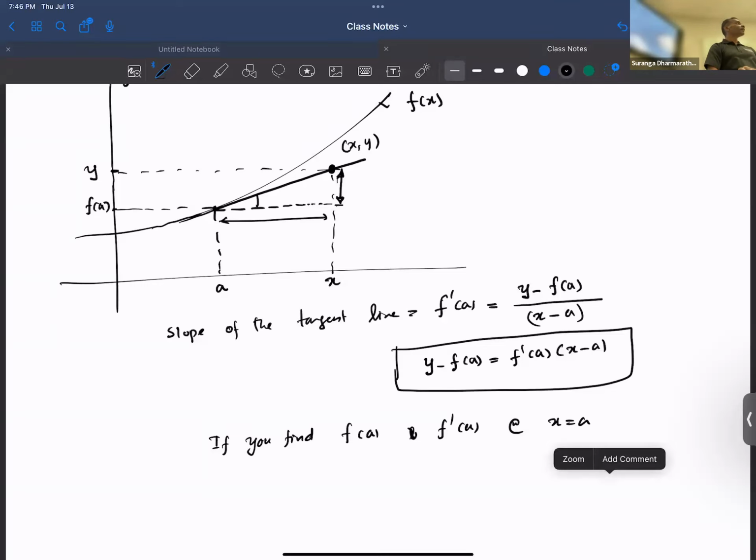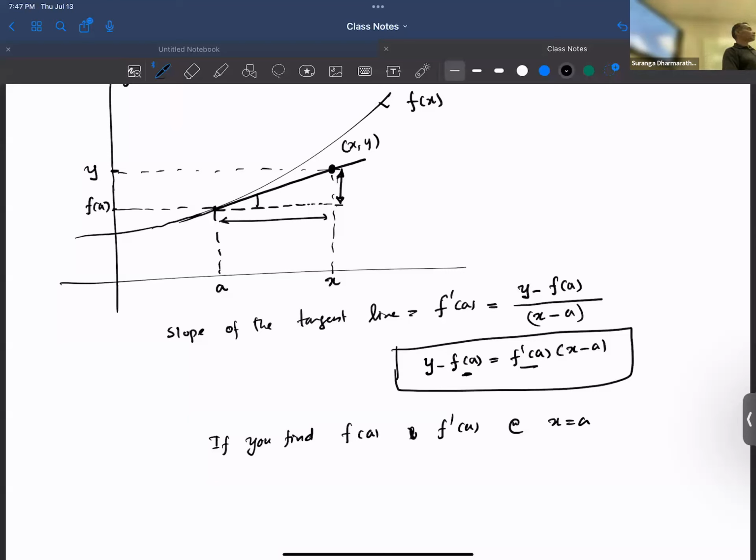You can find the equation of the tangent line. Why? Because you all need f of a and f prime a. You are given some function, and you are asked to find the equation of a tangent line. You find f of a and f prime a, then you can find the equation of the tangent line.